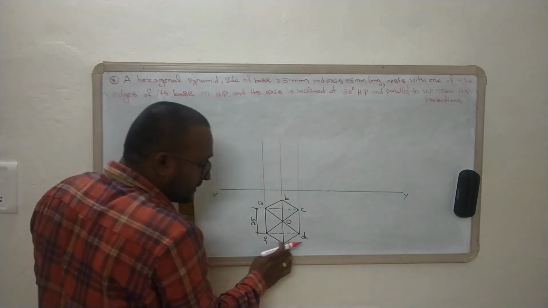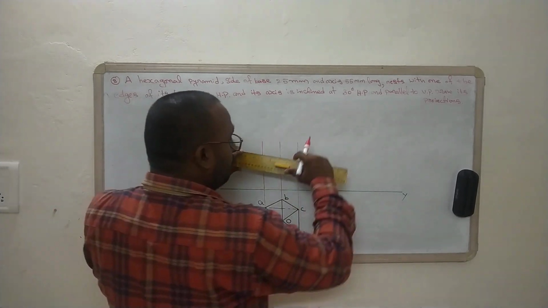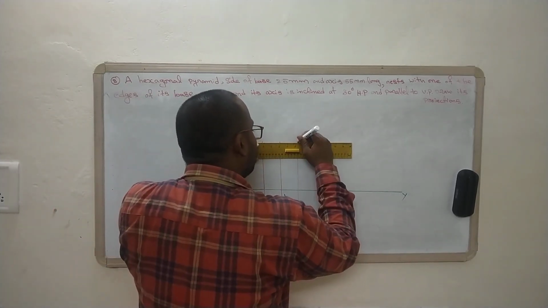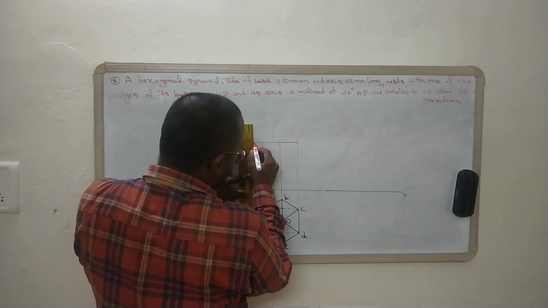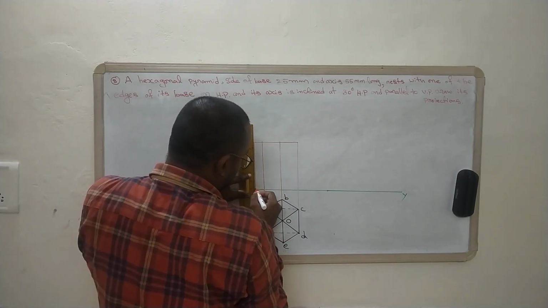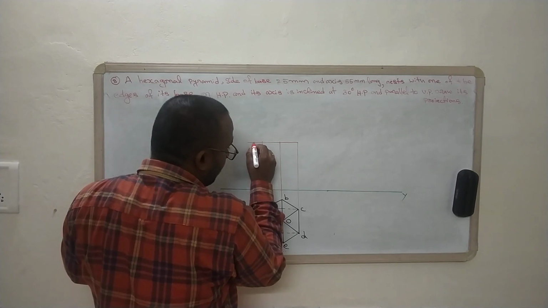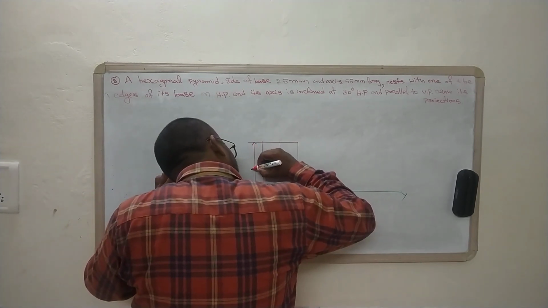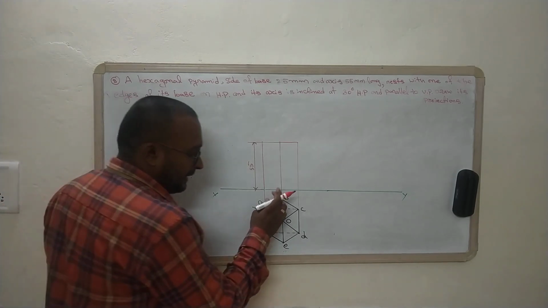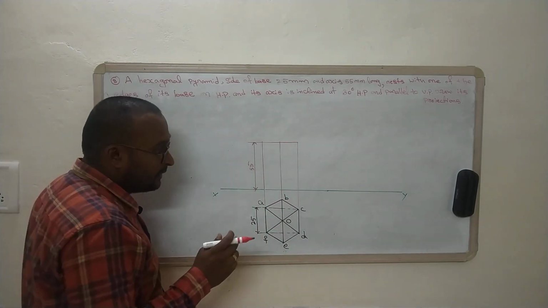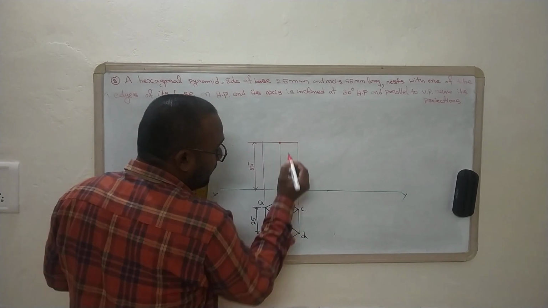There will be two surfaces visible in front view, and this is the height of the axis, 55 mm. And then mark them. Sorry, here this is the pyramid.